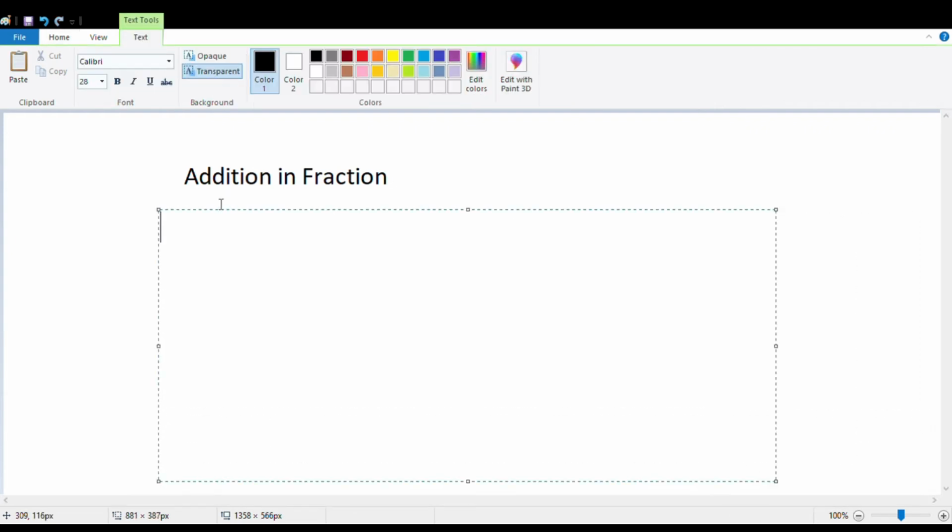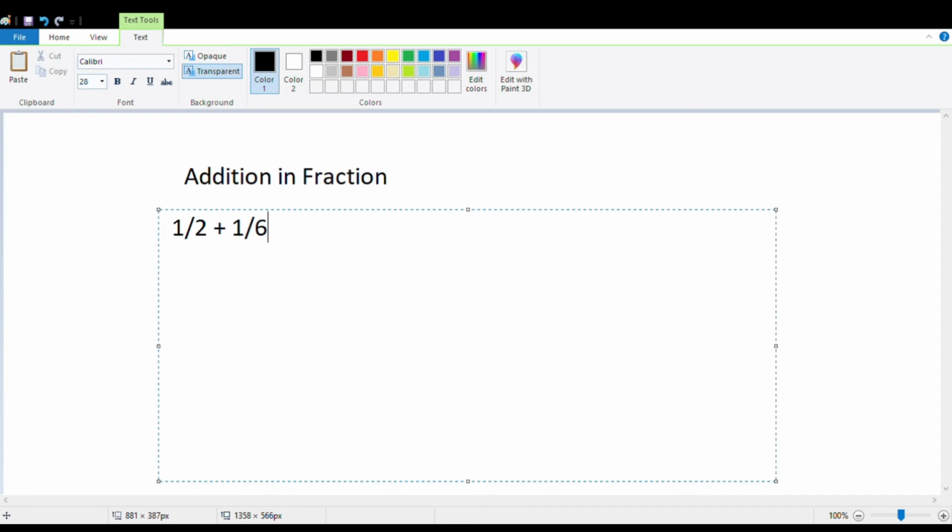now for unlike fractions. Let's take this example, 1 by 2. Now we add it with 1 by 6. Now they both aren't the same, right? So the denominators aren't the same.